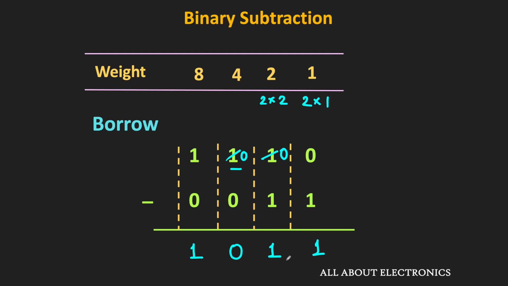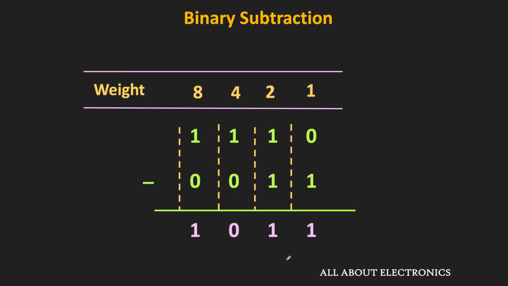Now, by converting these binary numbers into their decimal equivalents, we can confirm whether our subtraction is correct or not. The decimal equivalent of 1110 is equal to 8 plus 4 plus 2, that is equal to 14. Similarly, the decimal equivalent of the other number is equal to 3. So 14 minus 3 is equal to 11.